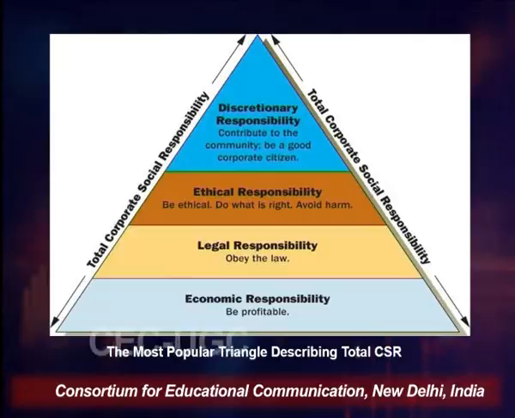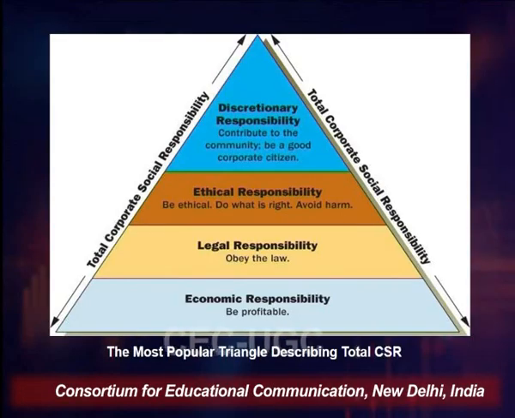As a company, it is their duty to be responsible for their economic goals, and they should be profitable. The second point which comes after this is the legal responsibility: as a company when you are operating, you have to abide by the law of the land. Whatever is prescribed, you are supposed to take care of.